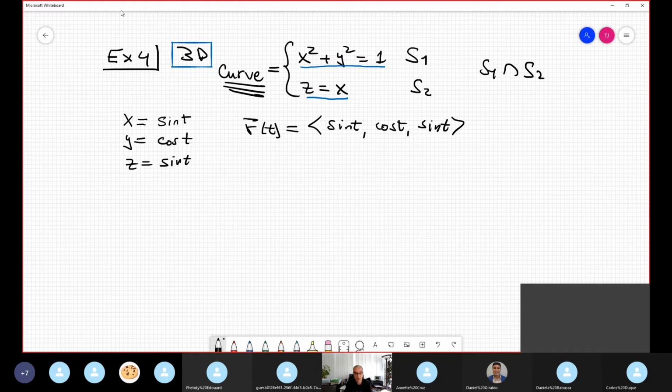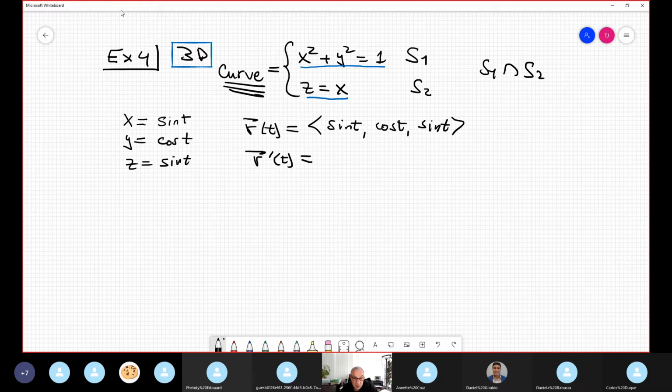Good. Now, in order to find the curvature at different points, we need differentiation. Velocity: the derivative of sine is cosine, the derivative of cosine is minus sine, and the derivative of sine is cosine.